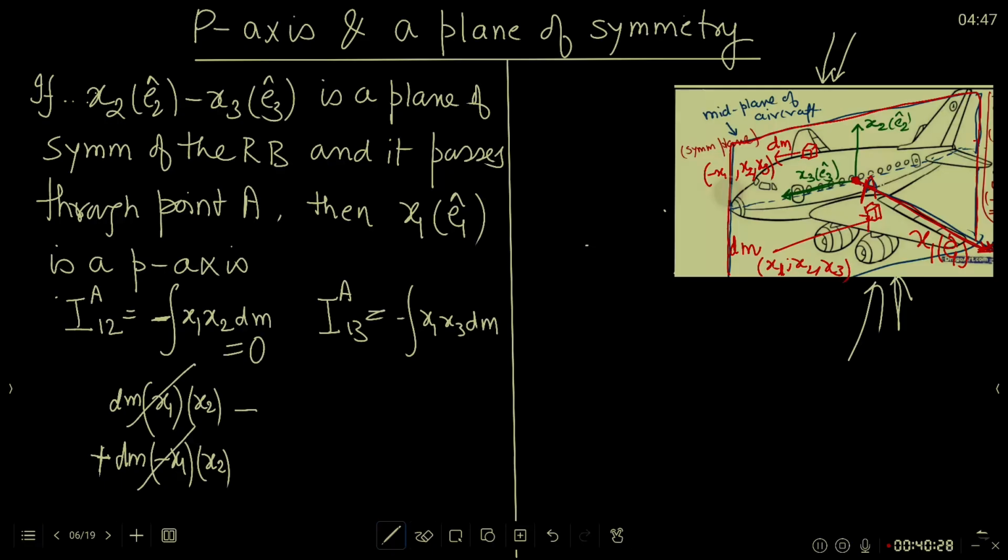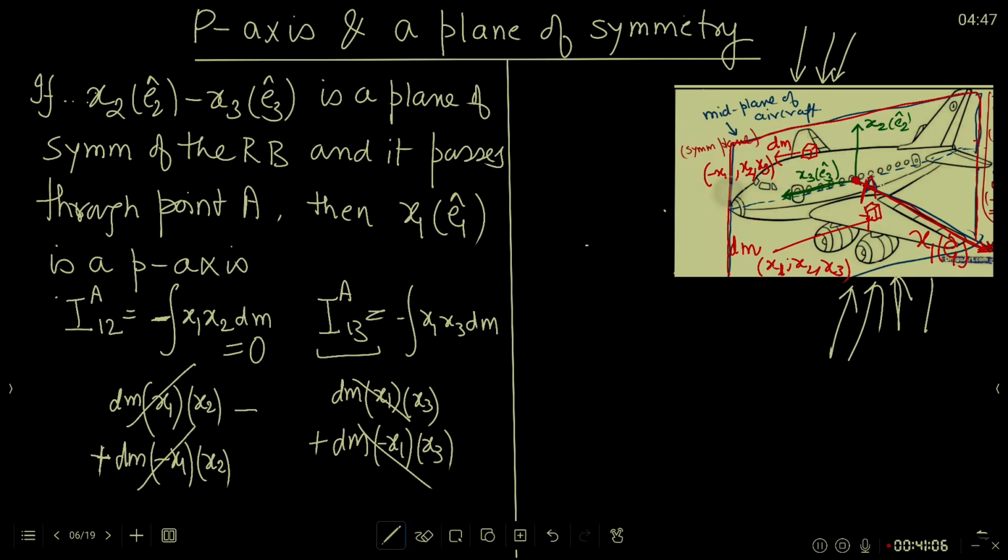Now let's look at IA13. The same dm will contribute what to IA13? It will contribute dm times x1, x3 from this side, and then it will contribute dm times minus x1, x3 from this side. Same consequence, they cancel out. Again, I am repeating that this will happen with every chunk of mass on this side.